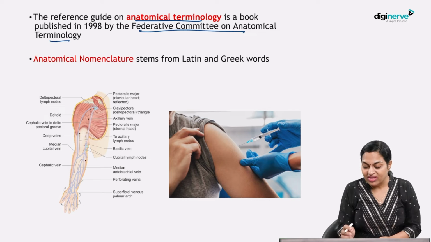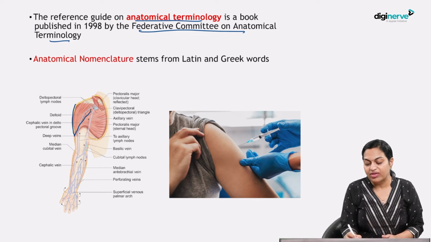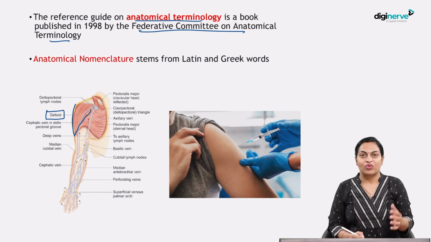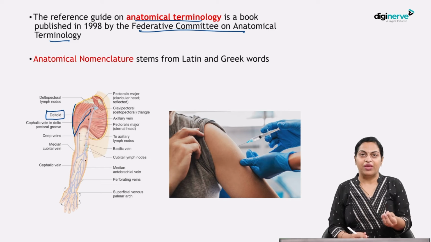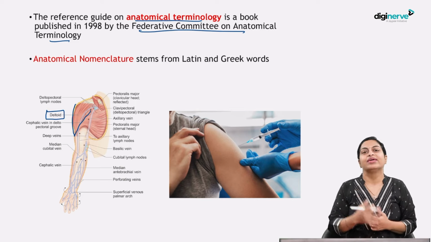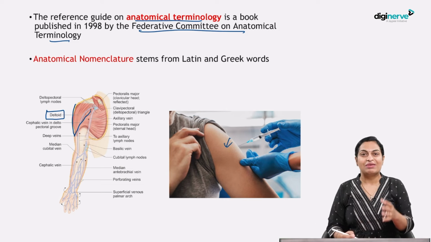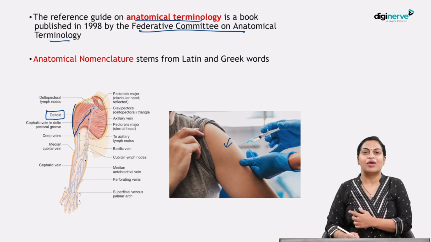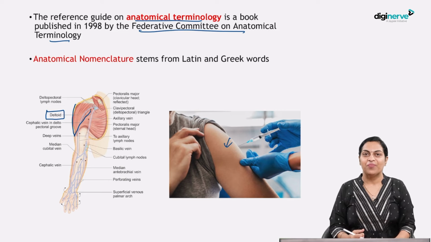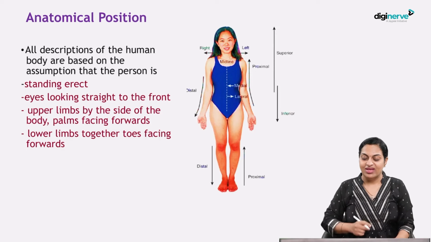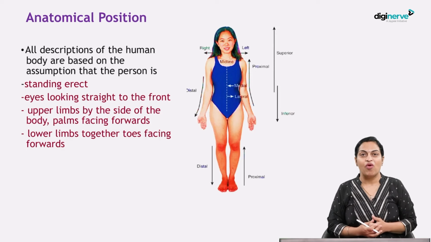So here, this muscle over the shoulder that you see is the deltoid. A person speaking French, a person speaking Danish, a person speaking English, everyone is going to call this muscle over the shoulder the deltoid, right? The deltoid is the muscle into which you give intramuscular injections in the arm. This is again very important.